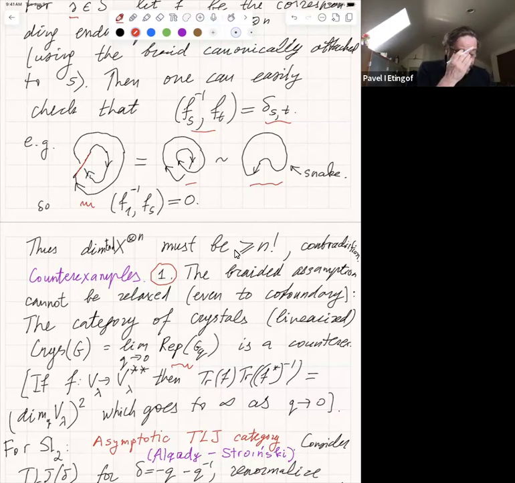And this is the quantum dimension of V lambda squared. And this goes to infinity as Q goes to 0. For example, if V lambda is the two-dimensional representation of SL2, then the quantum dimension of V lambda is Q plus Q inverse, and Q plus Q inverse squared goes to infinity when Q goes to 0. So this means that the limiting category, whatever it is, is not rigid.